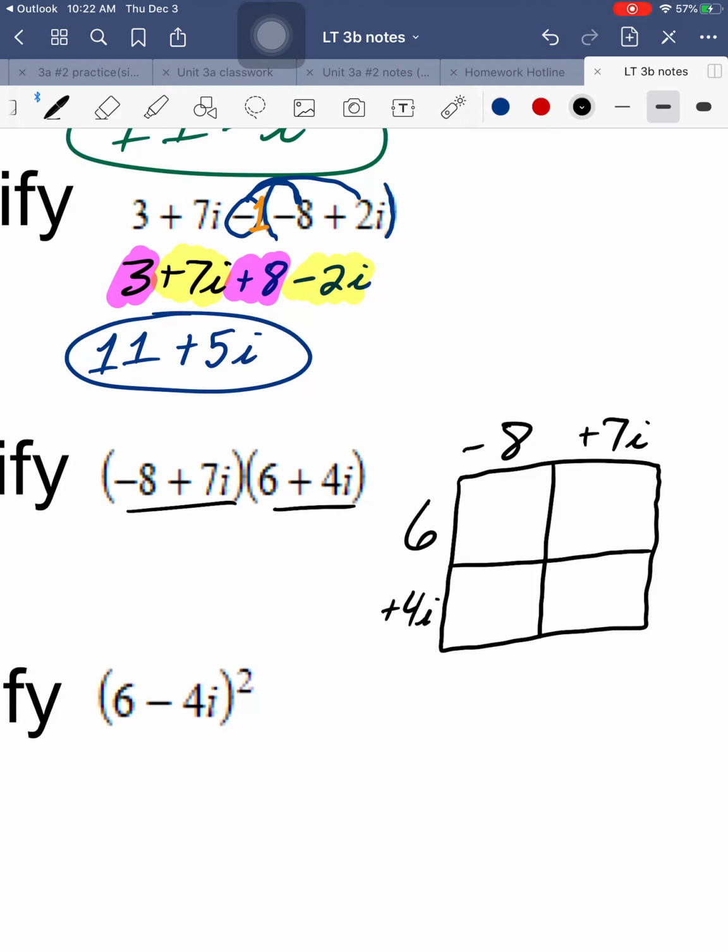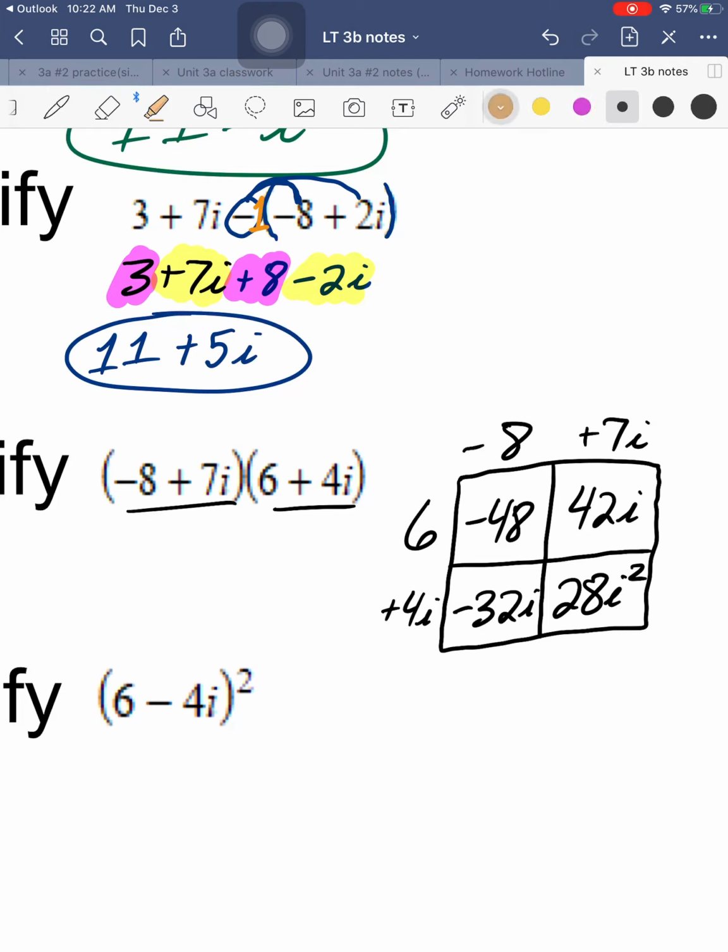And what you're doing is multiplying each box out from what's in the rows or columns. So I'm going to start with negative 8 times 6 is negative 48. And then 7i times 6 is 42i. And then 4i times negative 8 is negative 32i. And 4i times 7i is 28i squared.